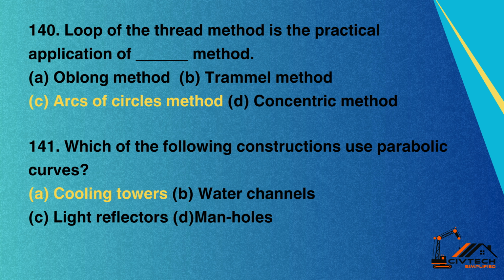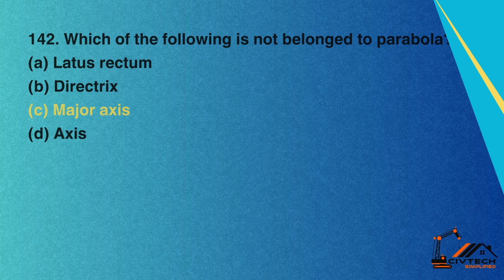141. Which of the following constructions use parabolic curves? A. Cooling towers. B. Water channels. C. Light reflectors. D. Manholes. Correct option, a cooling towers. 142. Which of the following does not belong to parabola? A. Latus rectum. B. Directrix.